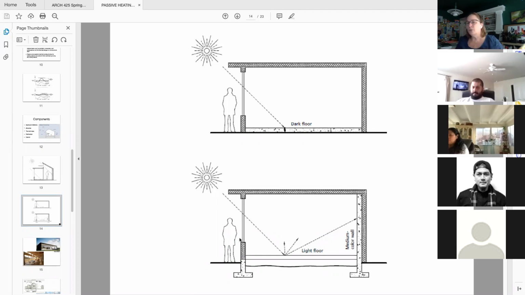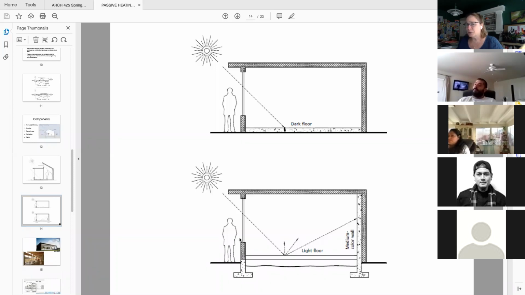However, if you are designing a passive heating system, you don't want your glazing to be keeping your solar heating out. So you don't want to use a low-E coating, and you want to allow that solar radiation to pass through your glazing so that it can be absorbed by your thermal mass.